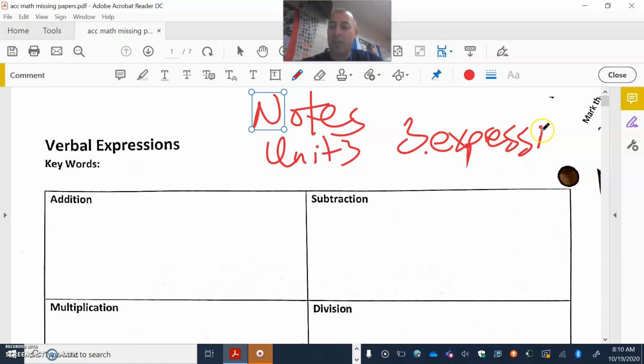So keep that in mind as you're looking at your note packet and you're looking through the videos. There's no number on it because it's something that we do before, leading into unit 3. So we call it 3-point expressions. Maybe I should have called it 3.0. Looking back, that would have made some sense. So that's the notes that you're going to do. So make sure you get your notes taken care of.